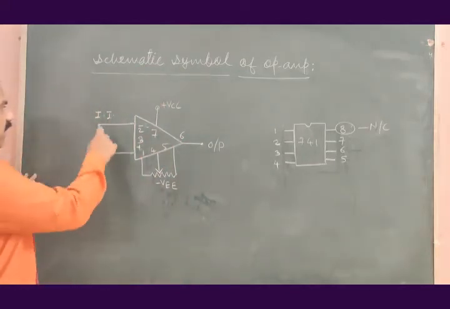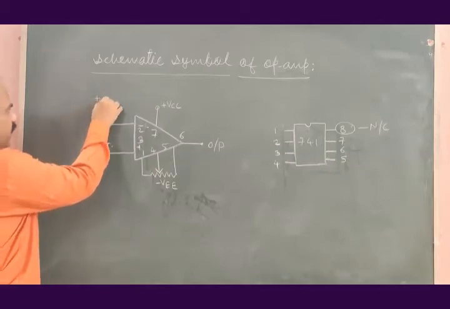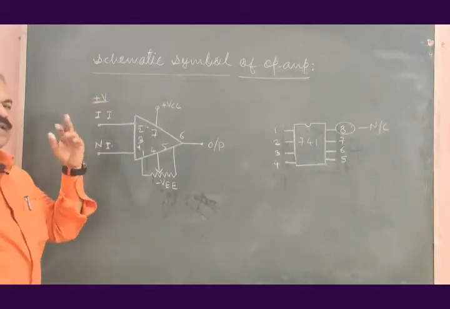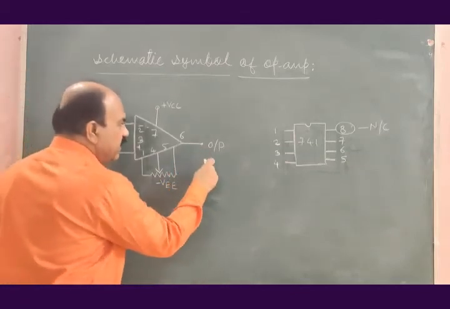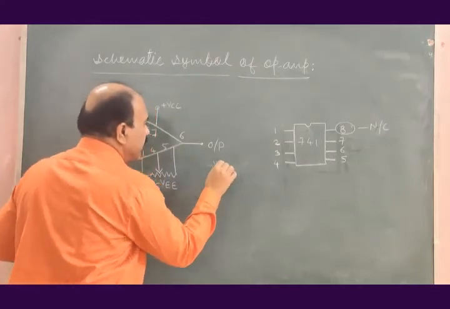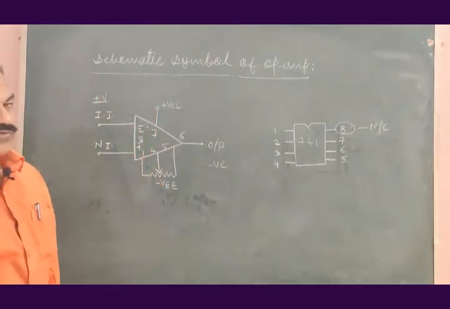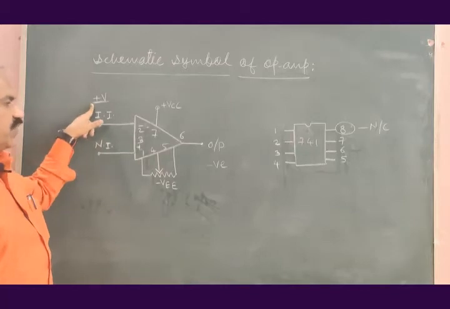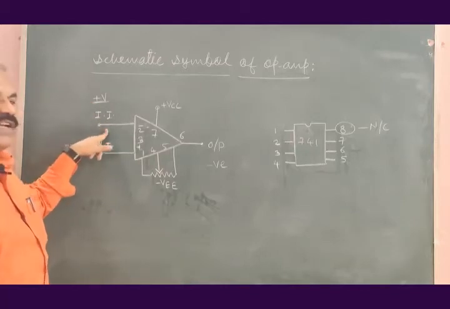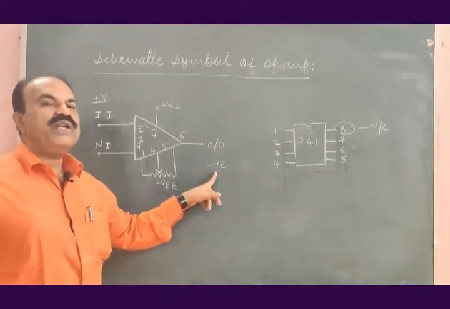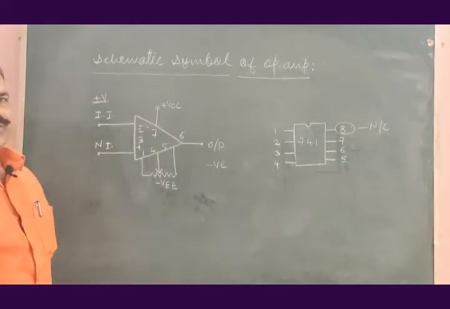If you apply positive voltage at the inverting input, the voltage coming at the output will be negative.